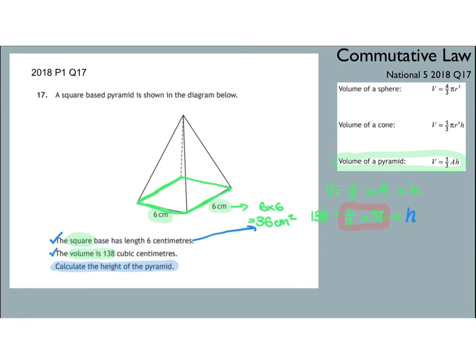So my working out is going to be 138 equals 1/3 of 36. 36 shared by 3 makes 12. And I still don't know what the H is. Now 12 times something makes 138. Oh, non-calculator, my dears, non-calculator. The opposite of timesing by 12 is to divide by 12 or to share by 12.